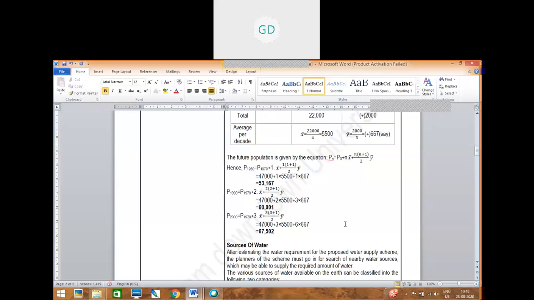Numericals also we have done. If some other values are given to you, you can do it, because the same values obviously won't come; the year might be different, the population might be different. I hope you can do it by the same procedure.